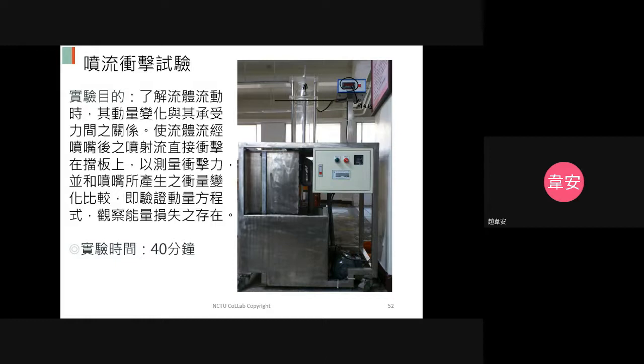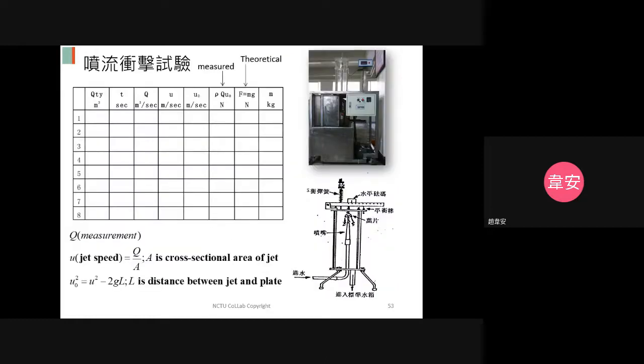So we just take a table to summarize. Actually, we can control the discharge, and based on the discharge equations, we already know the cross-section areas, so we can adjust the different discharge.